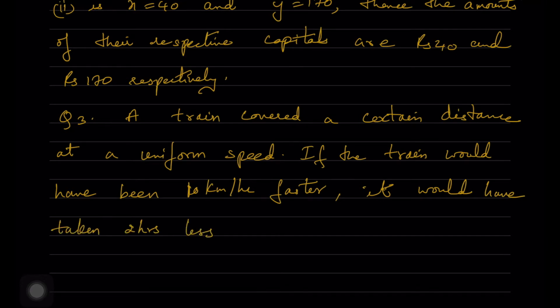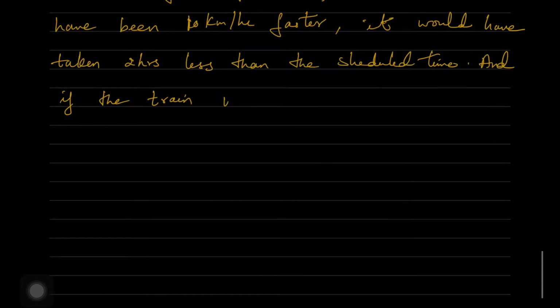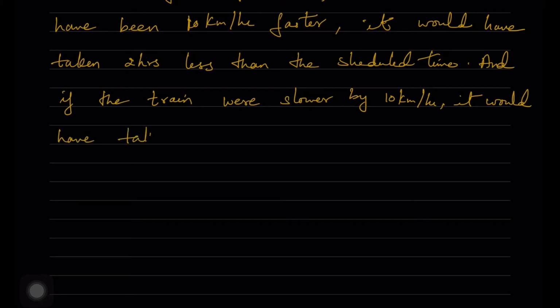And if the train was slower by 10 kilometers per hour, it would have taken 3 hours more than the scheduled time. Find the distance covered by the train.